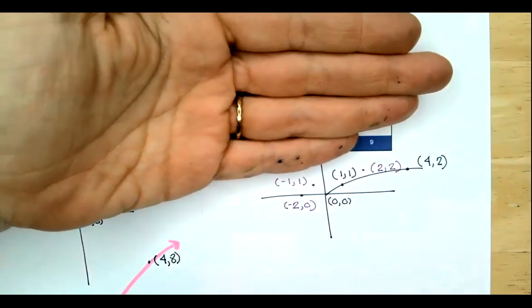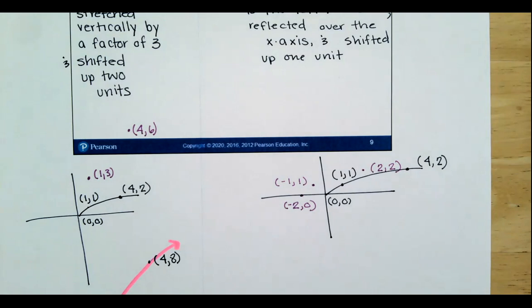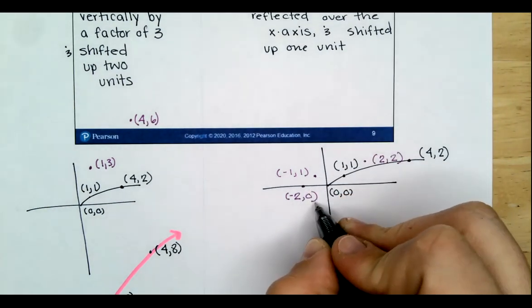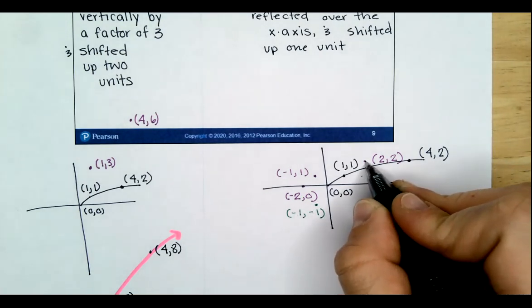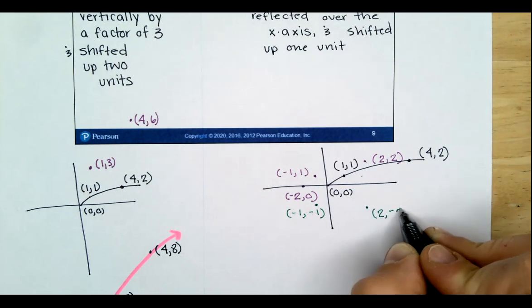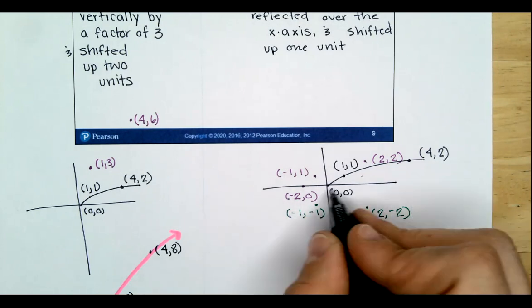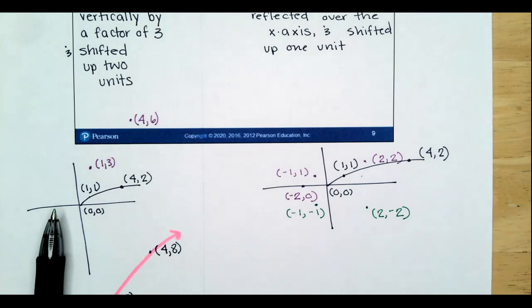Reflected over the x-axis. So this is my x-axis, so now I'm going to make all of my y's into the opposite. So from negative 2, 0, negative 1, 1 becomes negative 1, negative 1, 2, 2 becomes 2, negative 2, so that I can reflect it across the x-axis, and then shift it up 1 unit. So my final step is to move it up 1 unit.